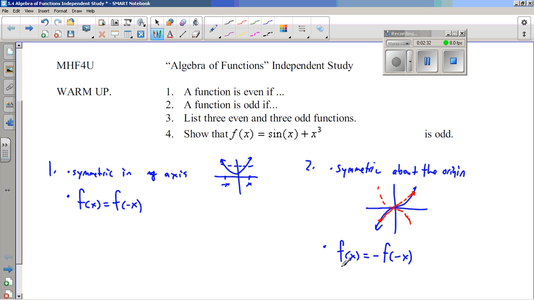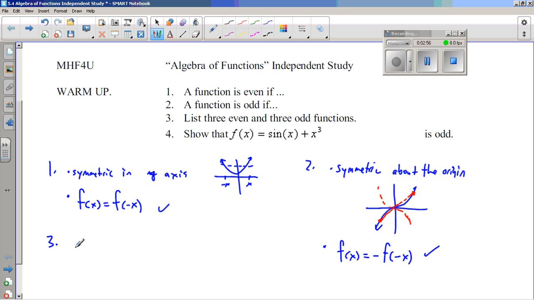And notice, one way to think of this is the original graph is the same thing as when I do a horizontal flip and a vertical flip, and that's the symmetry we were talking about. Okay, great. Even function, odd function. This is going to come into play in this investigation coming up today.